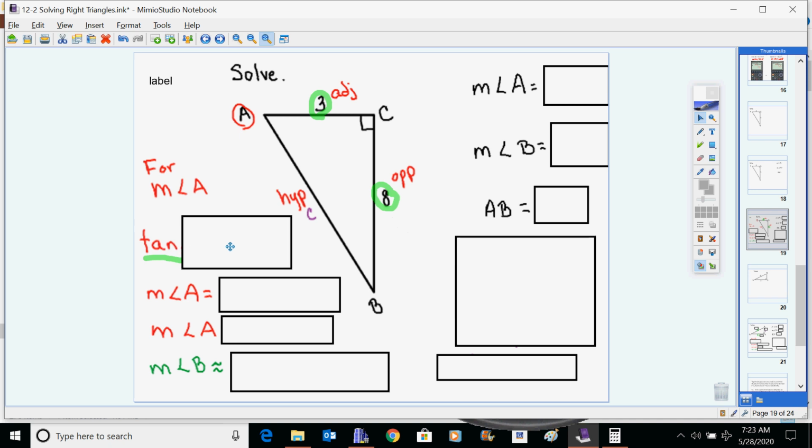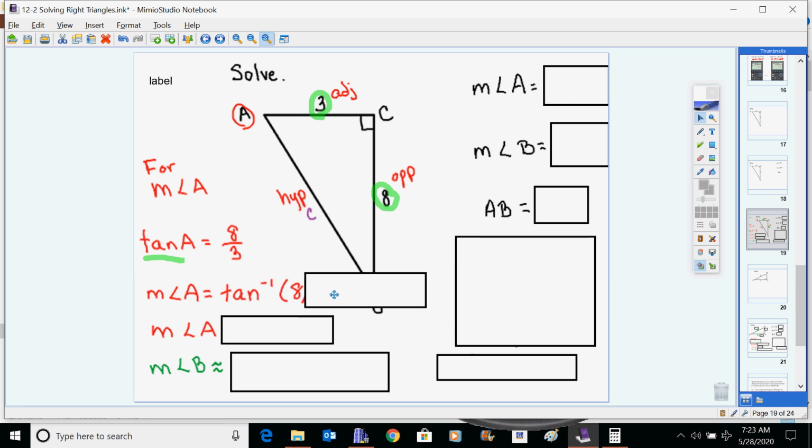So that tells us that the tangent is opposite over adjacent, SOHCAHTOA. Remember that to help you remember. Tangent, opposite over adjacent. So when I want to find the measure of angle A, in one step, I can put the inverse of tangent of 8/3.